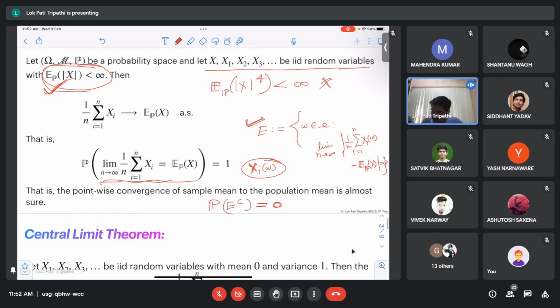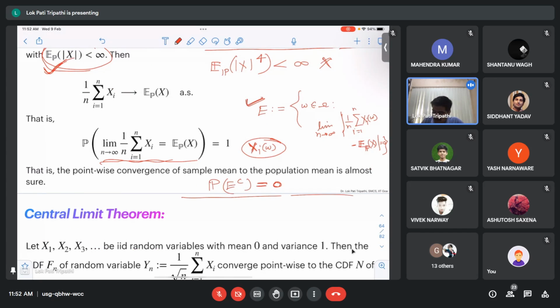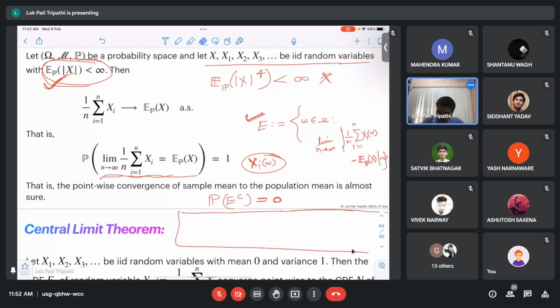So how you have defined almost everywhere convergence in measure theory, the same idea is here. Equivalently, this is called the sample mean. The sample mean converges to the population mean almost surely means the probability of the event, given by this, is 1.